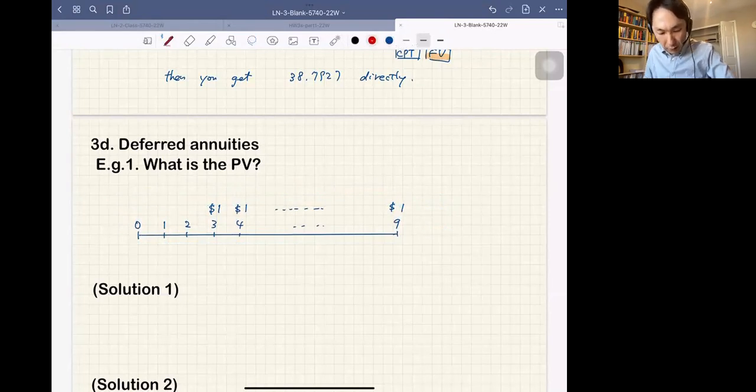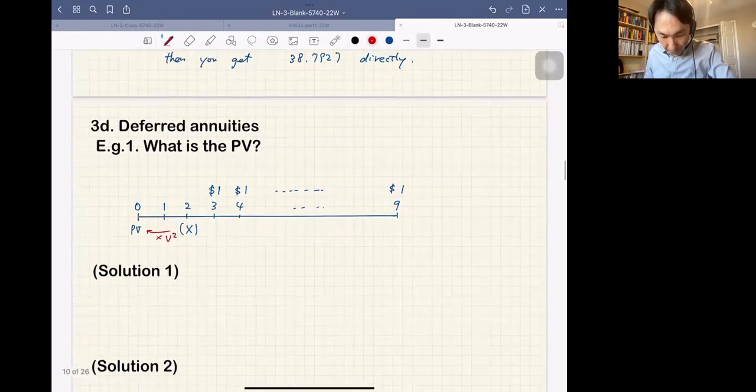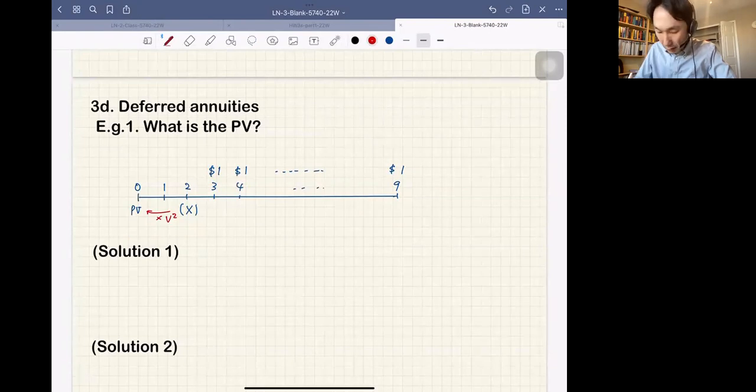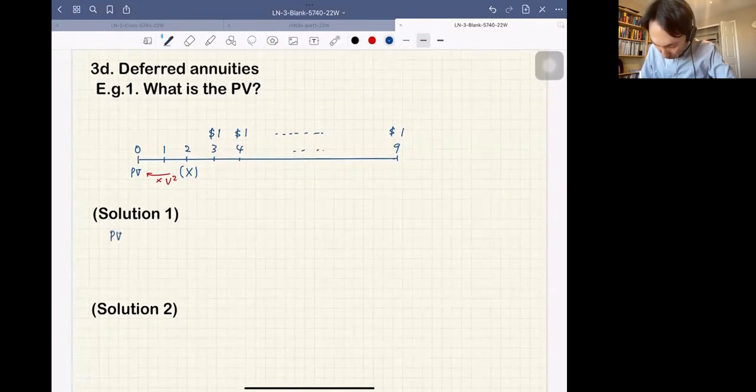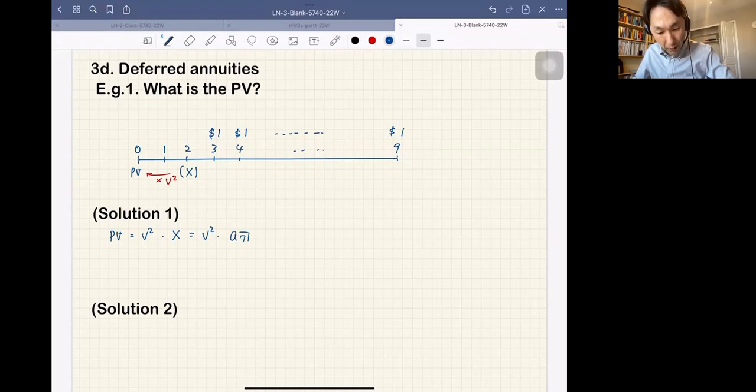So one way to calculate this was that we put X here. Then we calculate PV here. So we basically multiply by v squared. So this is one way. So solution 1 is the PV is equal to v squared times X, and X is a-angle 7 at, maybe we need an interest rate.